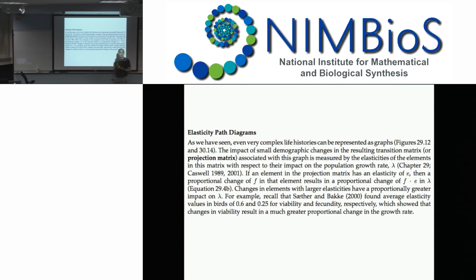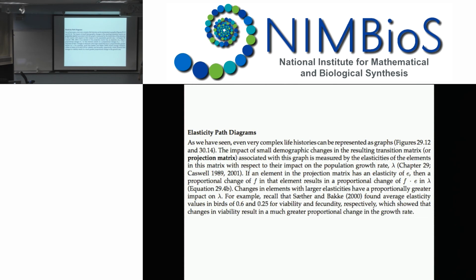The last use of path analysis gets back to the notion of elasticity. Elasticity says, if I have a life history component and I make a proportional change on that, what's the proportional change on overall fitness? So it's taking life history components and mapping those changes into overall fitness.